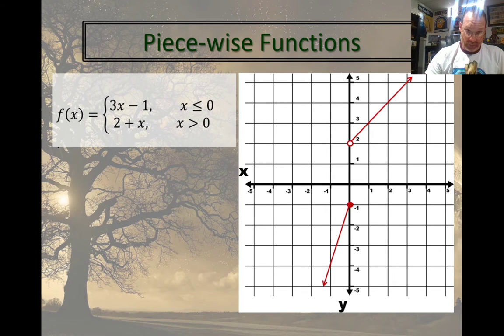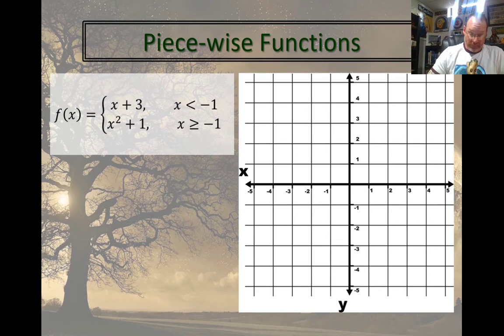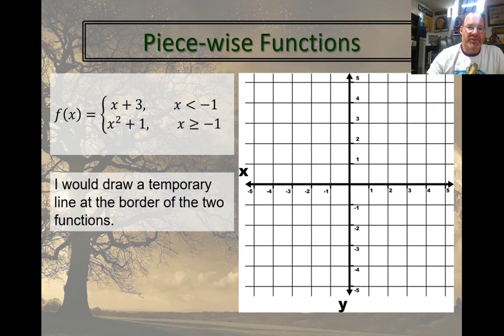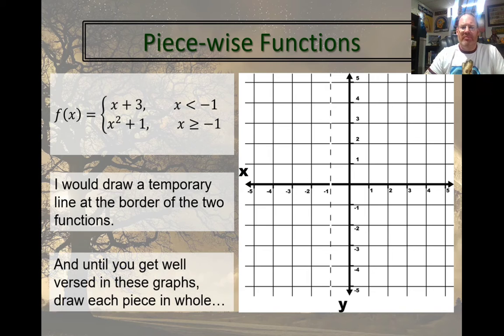All right, let's try another one. Now our border value is at -1. So I would start by drawing a temporary line at the border, just like that. Also, until you get pretty good at these, what I would do is draw the full function and then erase the parts that you don't use.